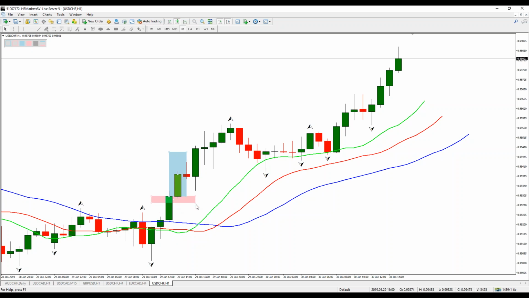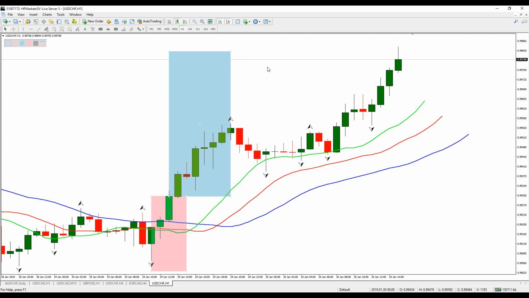My risk is approximately how many pips? 27 pips. So I will try to target at least 52 pips or more. If we go here, how much? 52 around here. It just reached our target.